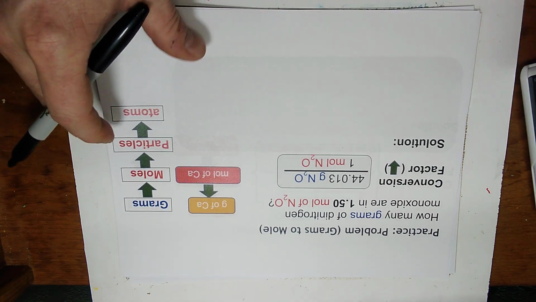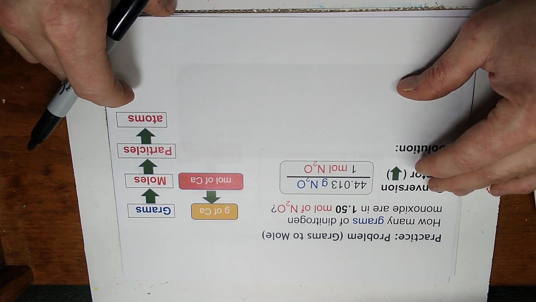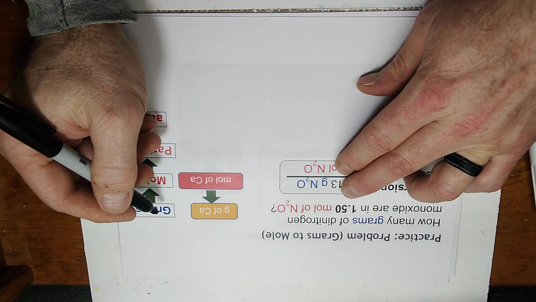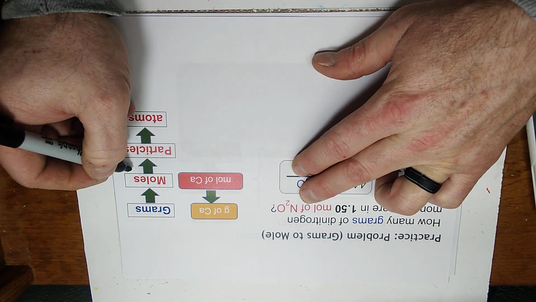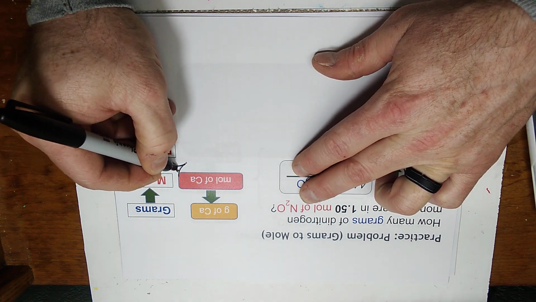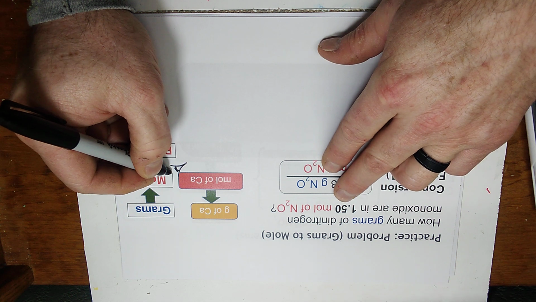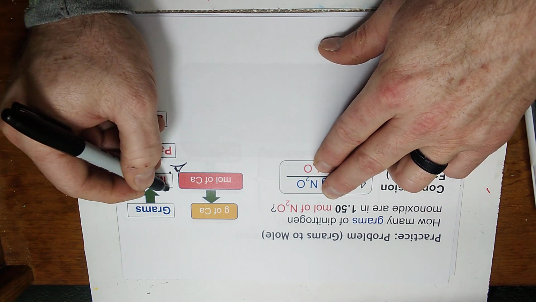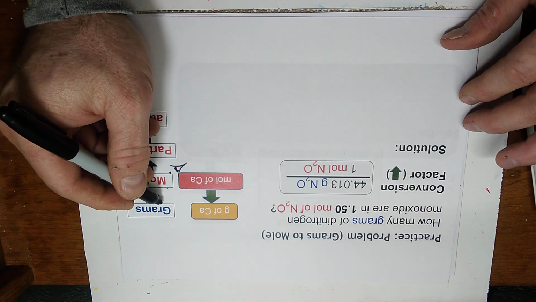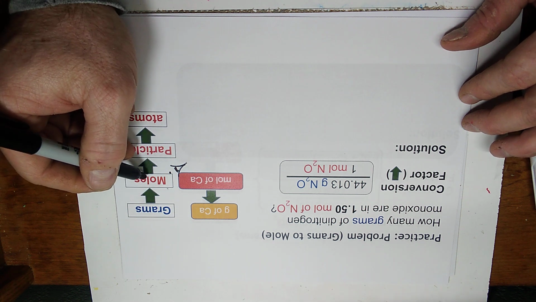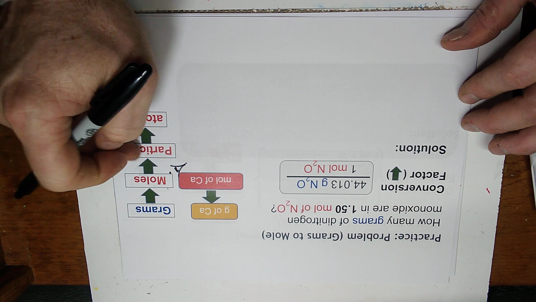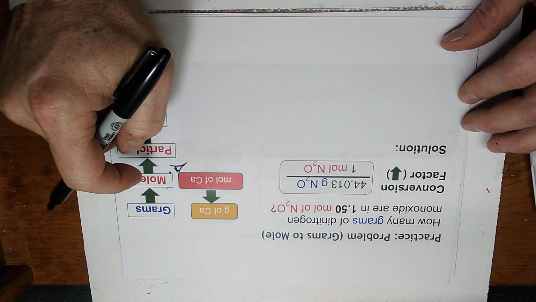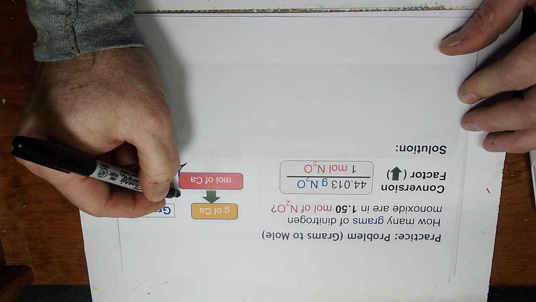It's saying, how many grams of dinitrogen monoxide are in 1.5 moles of N2O. So here we're starting right here because it tells us how many moles we have, and we're going just one step up to grams. So remember this rubric, grams to moles to number of compounds to atoms. We can use this. But we're just going from here to here.